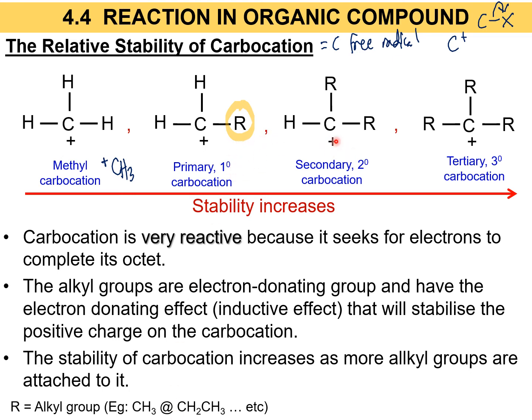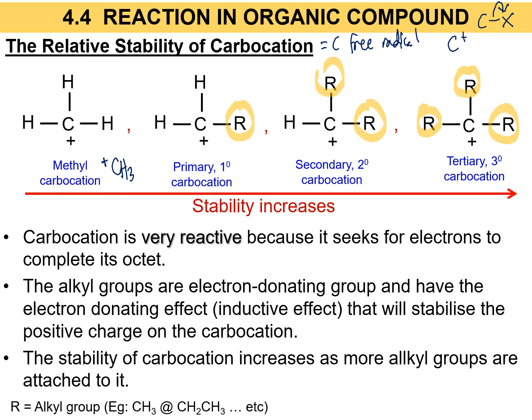Kalau this carbocation, dia attach to another two carbon atoms ataupun two alkyl groups, we call it as secondary carbocation. And lastly, this carbocation is called as tertiary carbocation because it is attached to another three carbon atoms ataupun three alkyl groups. Okay, and the stability increases as the tertiary carbocation just because alkyl groups dia ada electron donating effect.